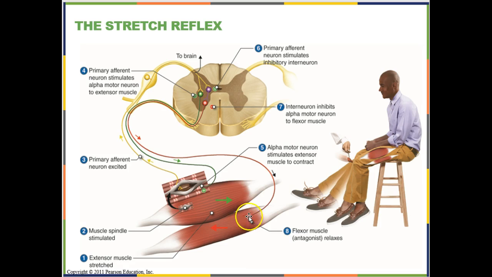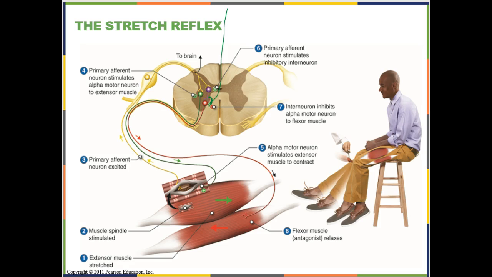So in order to ensure that nothing happens here at number 8, you have to have inhibition here at number 7, because there might be a motor neuron from the cortex coming down here that's going to dump some stimulatory neurotransmitter onto this motor neuron here, because maybe you were trying to do something that involved contracting the hamstring, but it went wrong, and now this stretch reflex gets activated.